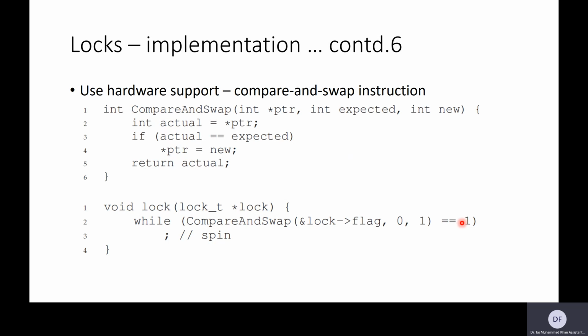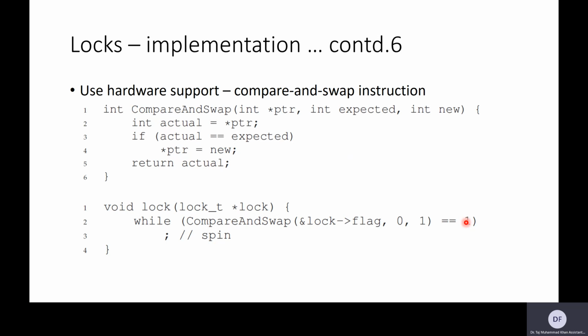So if the old value of the flag was 1, then it will basically store the old value, which is 1, in actual, and it will compare the actual old value to expected value. Expected value we are passing here is 0. Okay? So old value is 1, which is not equal to expected value 0, so it will skip this storage and return the old value which is 1.